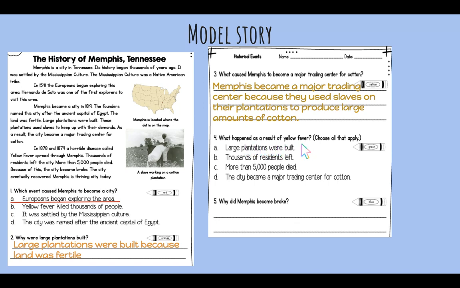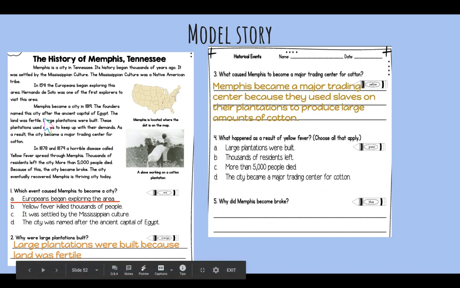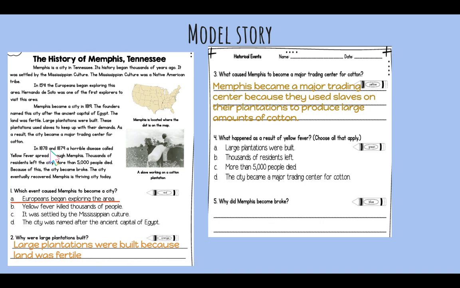Our next question, what happened as a result of yellow fever? So we need to make a connection here of what happened as a result of yellow fever. And notice how it says here, choose all that apply. So that means that I'm going to have more than one answer, right? So let's see. It says here, in 1878 and 1879, a horrible disease called yellow fever spread through Memphis. Thousands of residents left the city. More than 5,000 people died.